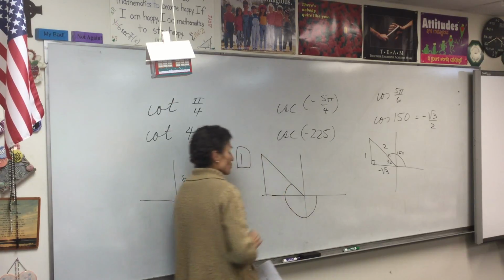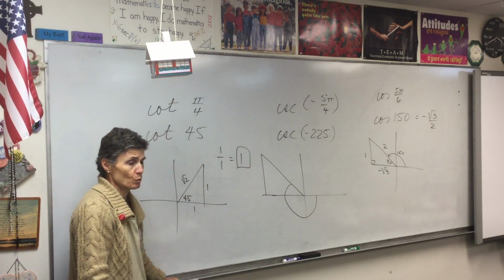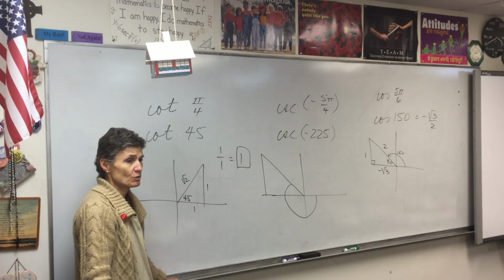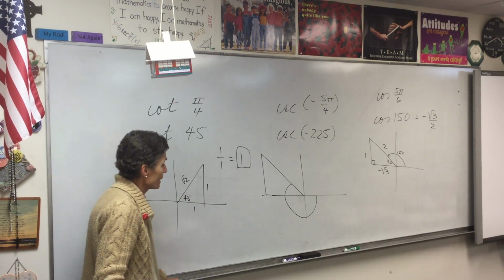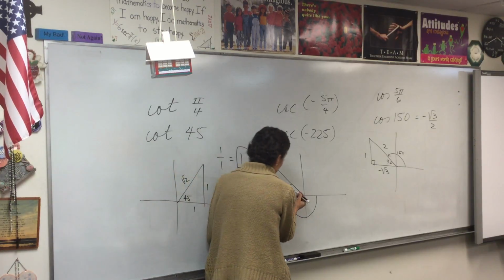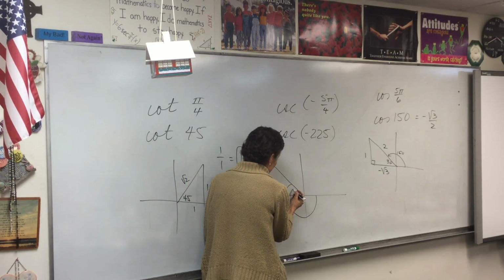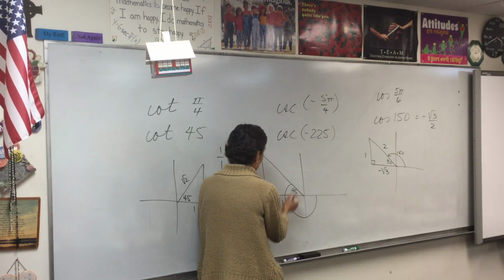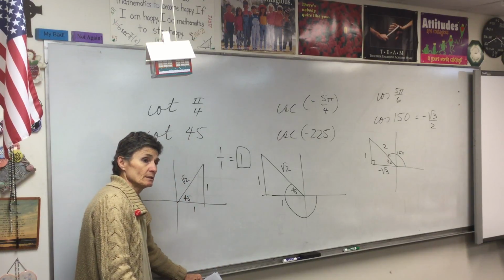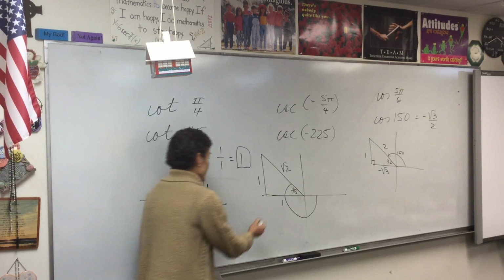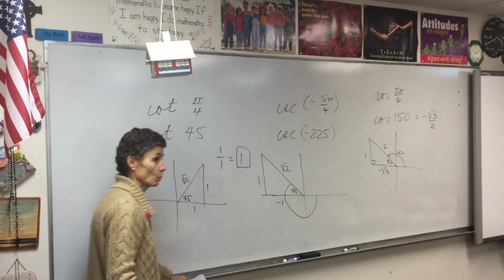So that angle is going to be in quadrant 2. Negative 225. How big is this very important angle right here? 45. So a 1, a 1, and a root 2. Anything negative? I'm not in quadrant 1. Bottom one. The one on the bottom.